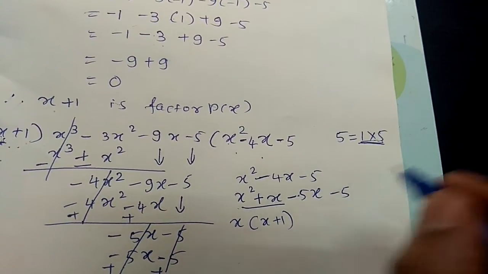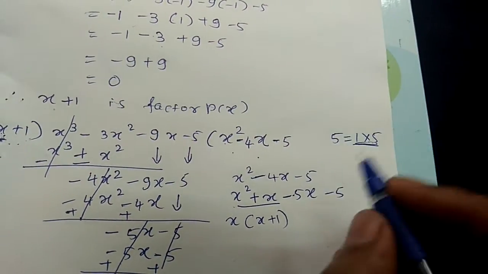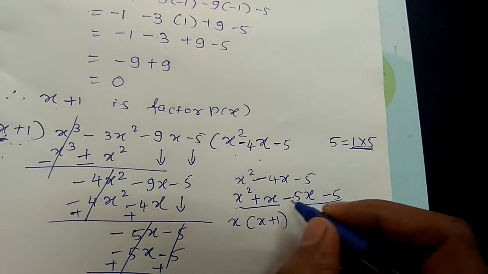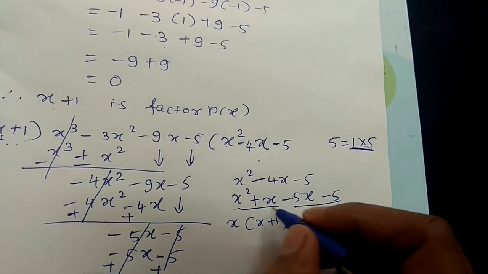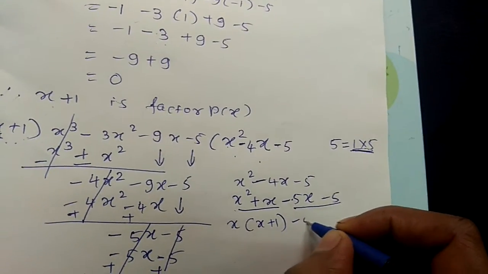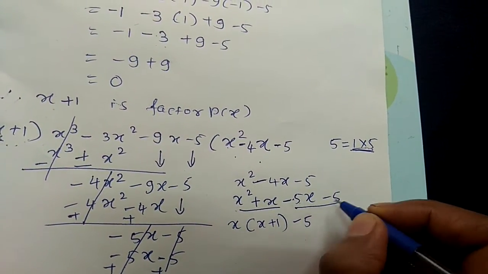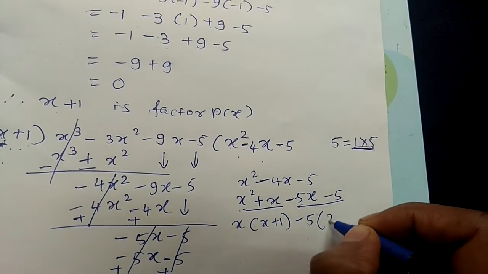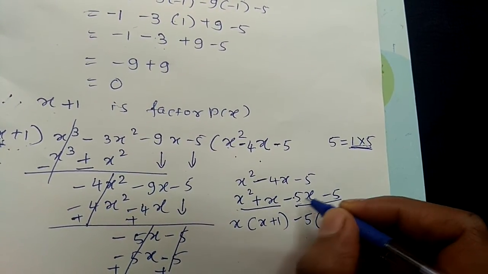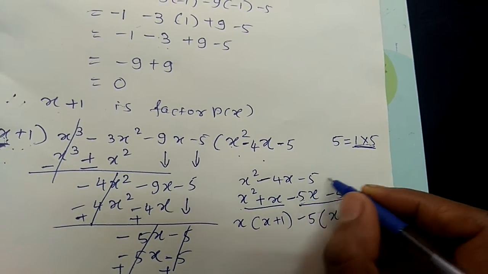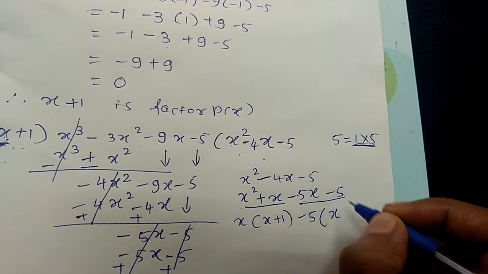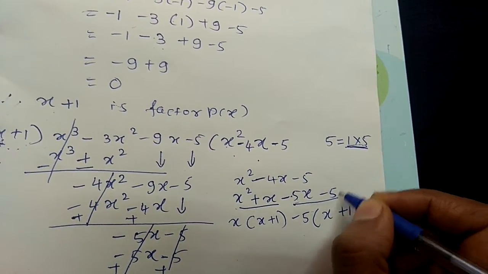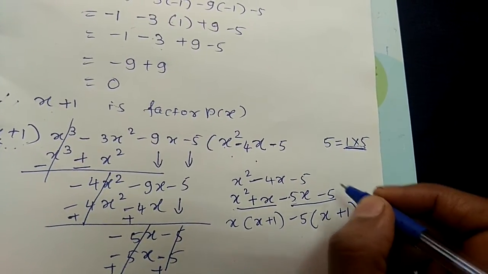And you remember the splitting middle term method: you should get the same bracket from these two. Both have a minus sign and we want a plus sign here, so take the minus sign outside, and along with the minus sign take 5 common. If you take 5 common, x will remain and the sign will change. Remember, whenever we take minus out, the inside sign changes. So 5 went there, and plus 1 will remain. Don't write 0, because 1 will always be a factor of each number.